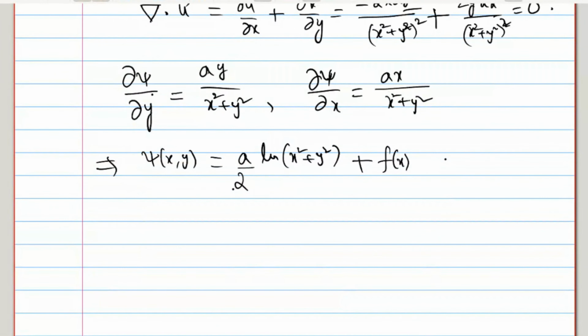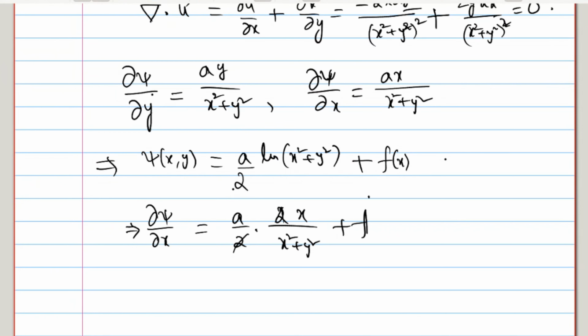Now you apply ∂psi/∂x. This implies ∂psi/∂x equals a/2 into 1/(x² + y²) into 2x, the 2 goes, plus f dash of x. Since ∂psi/∂x is already given as ax/(x² + y²), that gets cancelled.